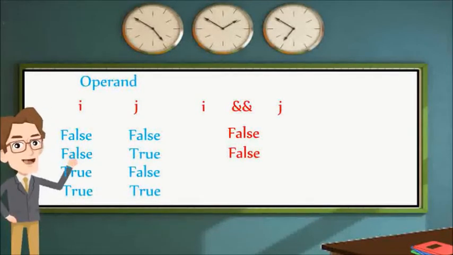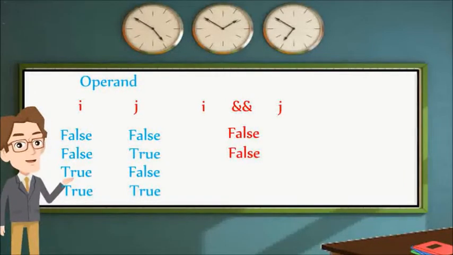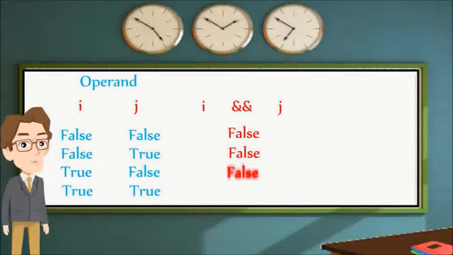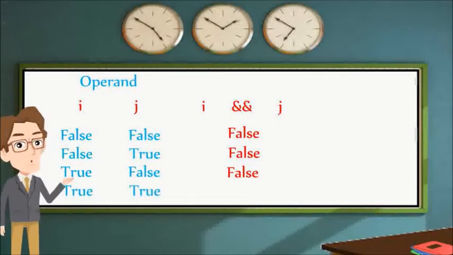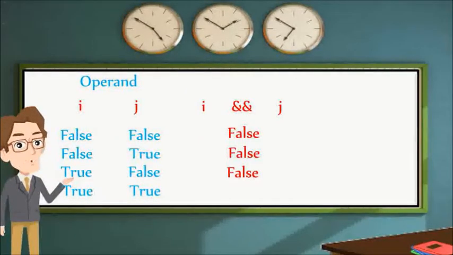Third case, if i is true and j is false, again it returns false. In the last case, if both i and j are true, then i AND j returns true.